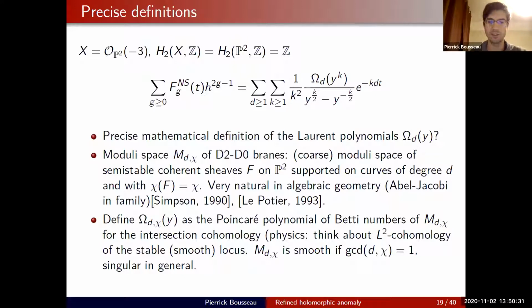And which is why it's really some 4D object, which only needs the moduli space of D2-D0 branes without this extra structure that you will need to recover the full two-parameter invariance. And which is fundamentally why the story I'm describing is in the NS limit, because it's simpler in this sense.